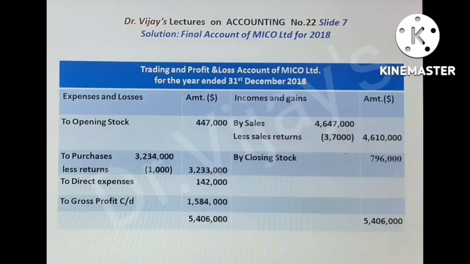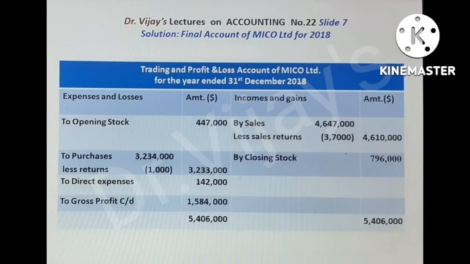We are starting preparing the final account of Myco Limited for 2018. Look at the heading, Trading and Profit and Loss Account of Myco Limited for the year ended 31st December 2018. For the whole final account, the title is common. In the debit side, expenses and losses, and on the credit side, incomes and gains.